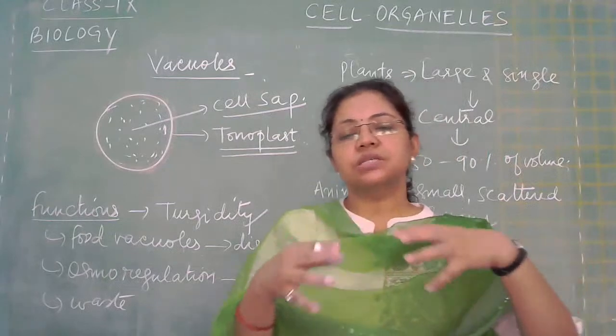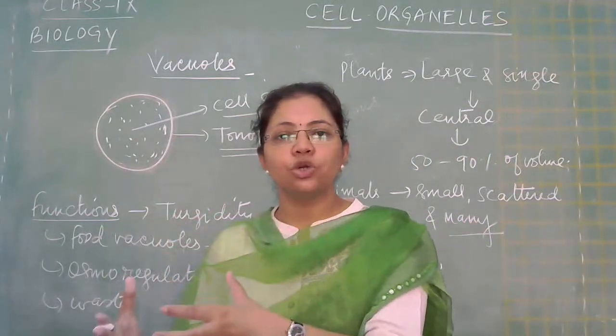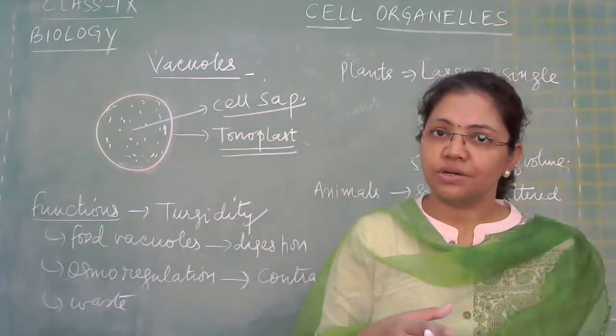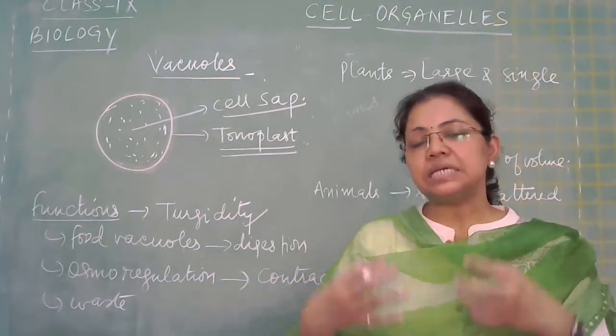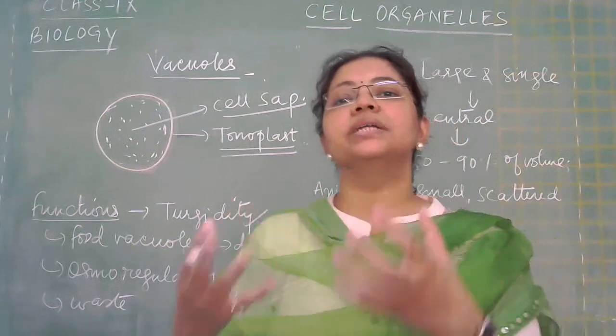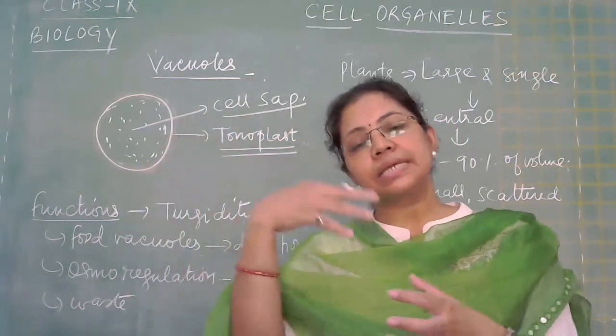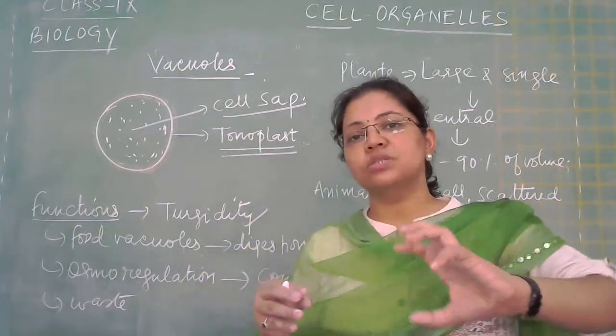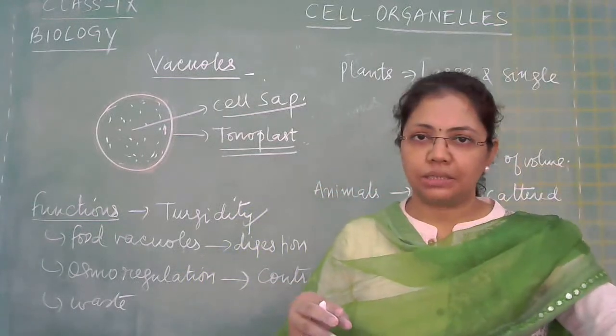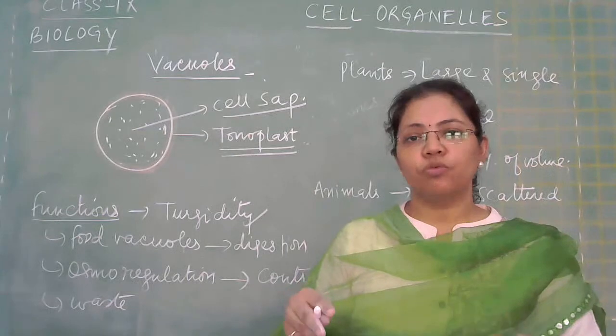You might have discussed endocytosis and exocytosis. It is exocytosis by which the waste inside the cell is thrown outside the cell. The waste inside the cell is filled in the vacuole and, through the process of exocytosis, goes outside the cell. That is waste removal.